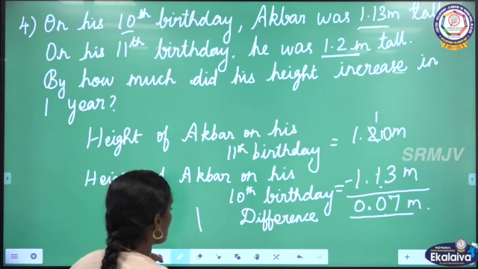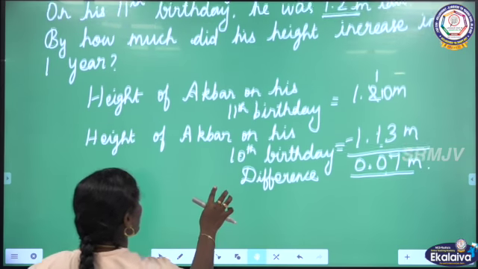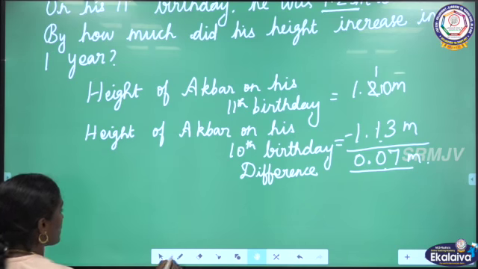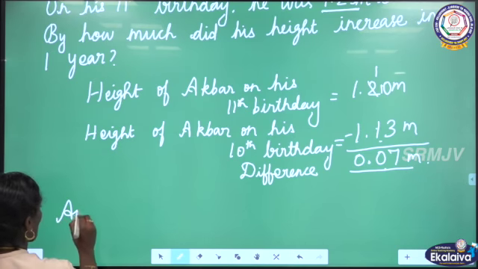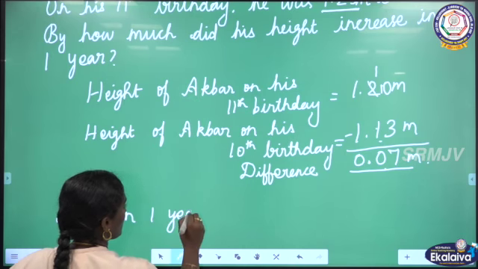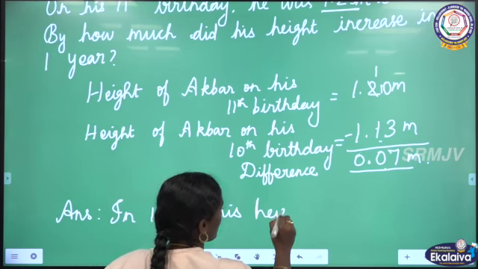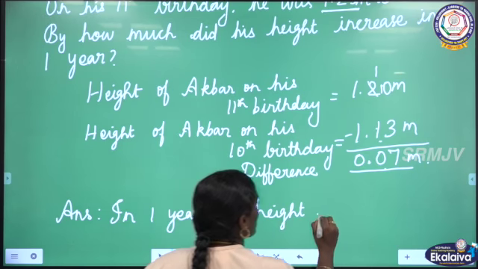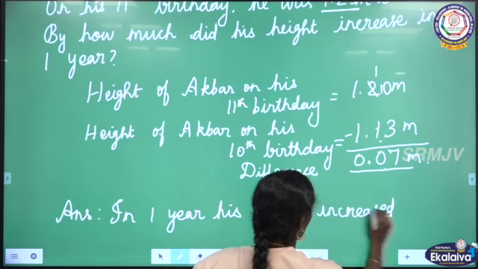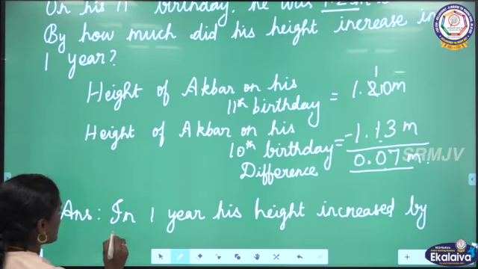Okay, we have to write the answer statement. So, by how much did his height increase in 1 year? In 1 year, his height increased by 0.07 meter.